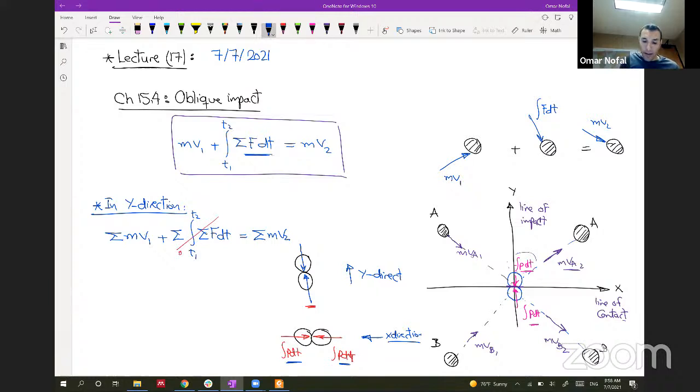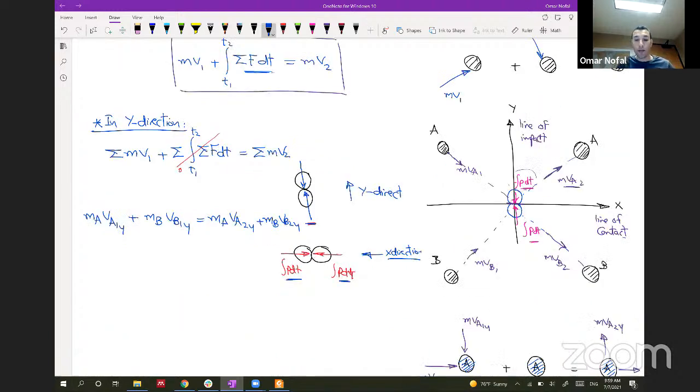And finally, we will have mA VA1 in y direction, because we only have impulses in y direction here, plus mB VB1 in y direction will be equal to mA VA2 in y direction plus mB VB2 in y direction. So this is the first equation after applying the conservation of linear momentum in y direction.